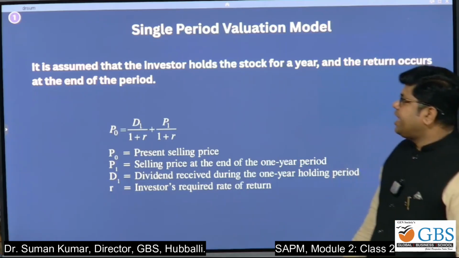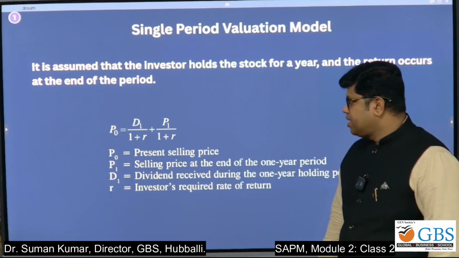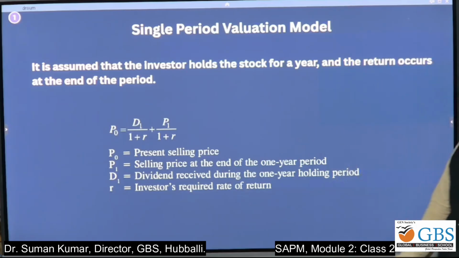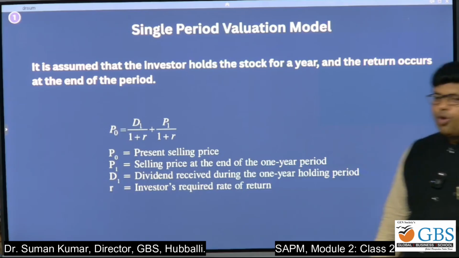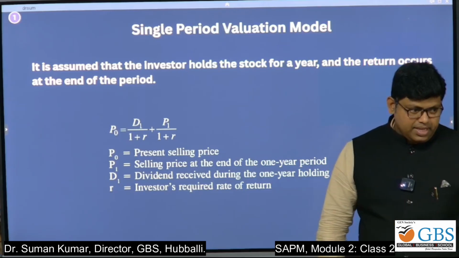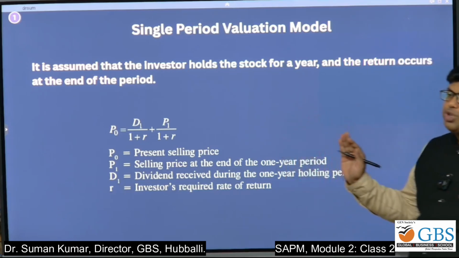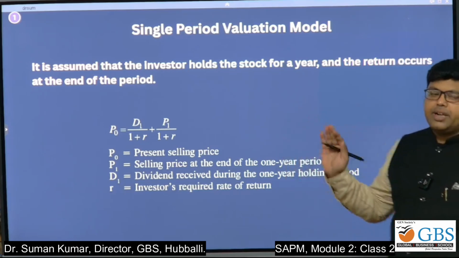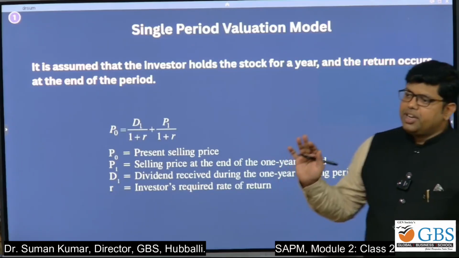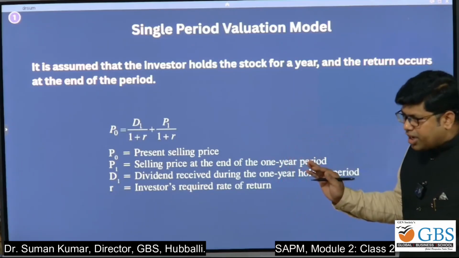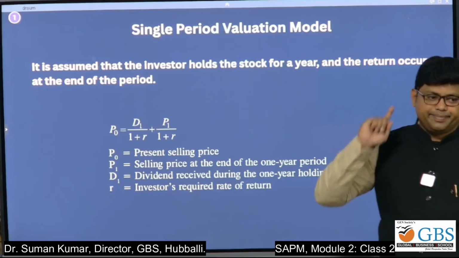Both will be received at the end of the period. So we are going to find out the intrinsic value of the stock which you are going to hold for a year. Once again I am telling, this model will be used if the investor holds that stock for only 1 year.